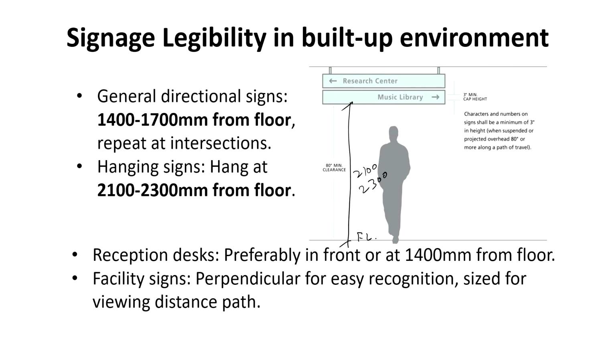That means it has to be in size with what the graph says. That means you have to know your decision point, because the decision point acts as the point where you decide. So, that is the point where you are able to see the sign.